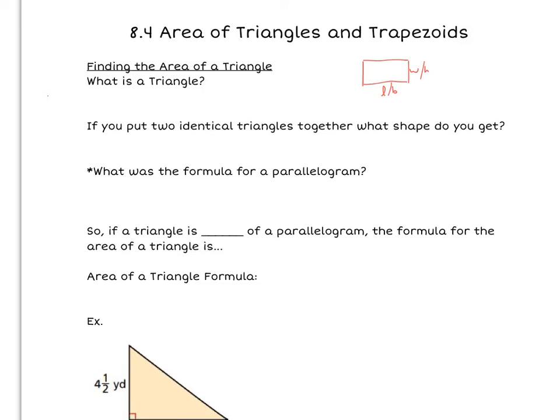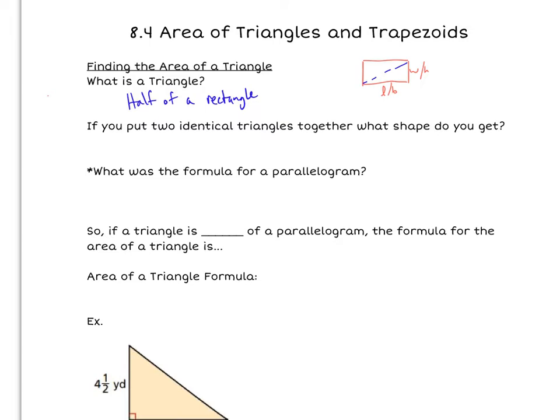Well, if you look at a rectangle, and you cut this rectangle into two parts, you get two triangles. So, what is a triangle? We could say it is half of a rectangle. That helps us answer this next question.